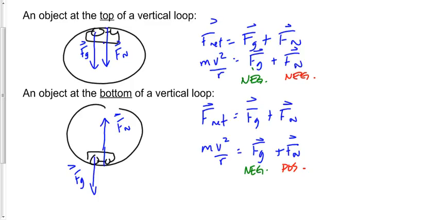Centripetal force, center-seeking force, always points towards the center. David, when you're at the top of the circle, where is the center of the circle relative to you? Good. Below you, or down. So as soon as we start subbing numbers in, we're going to make the centripetal force a negative number when you're at the top of the circle.